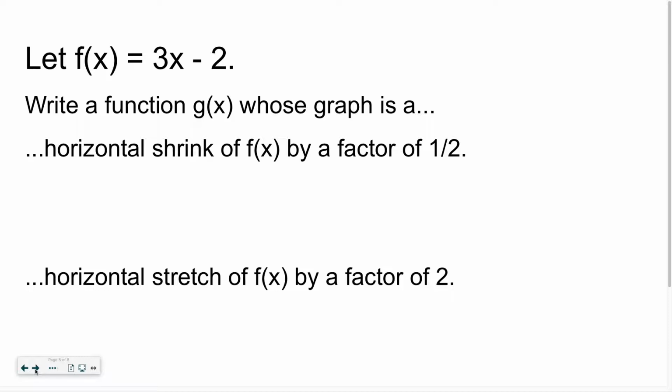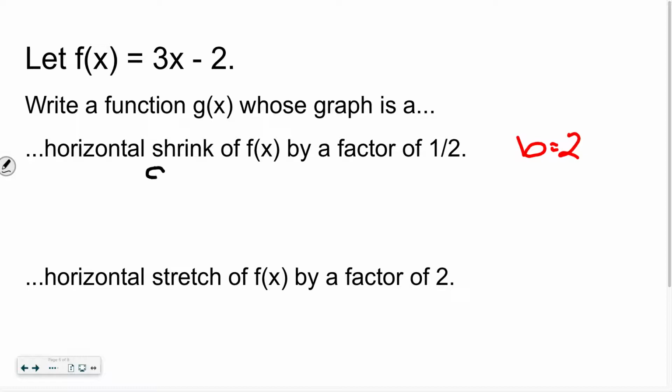We're going to write a new function, g of x, whose graph is a horizontal shrink by a factor of 1/2. So if we say a horizontal shrink by a factor of 1/2, what's our b value going to be? 2. Okay, so I'm going to mark that over here on the side. My b is equal to 2.